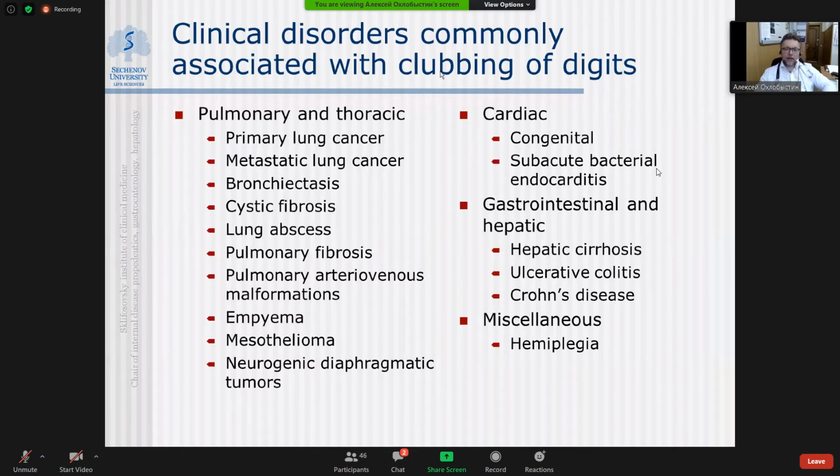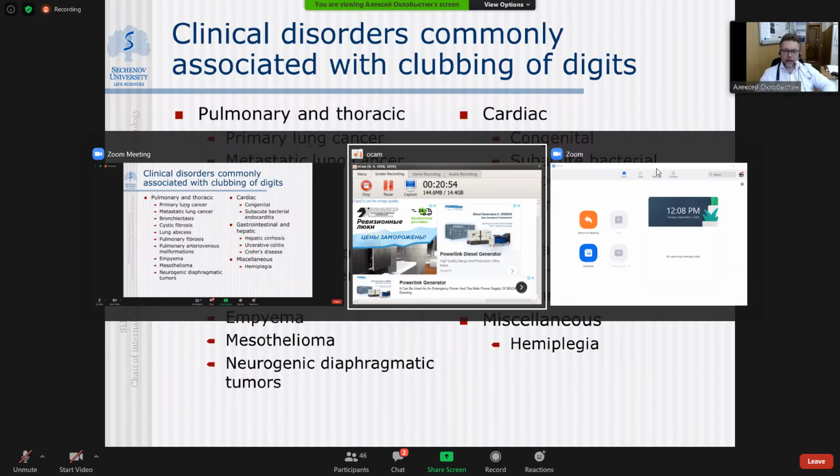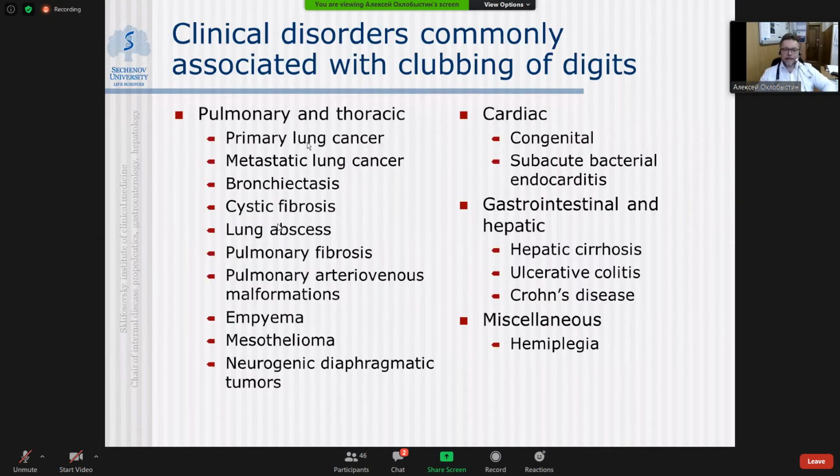What may be the other causes for development of finger clubbing? Please remember that it will be even more pronounced, even more severe, in patients with primary lung cancer. There are special syndromes named by authors, like Pierre-Marie-Bamberger syndrome, seen in patients with primary lung cancer.